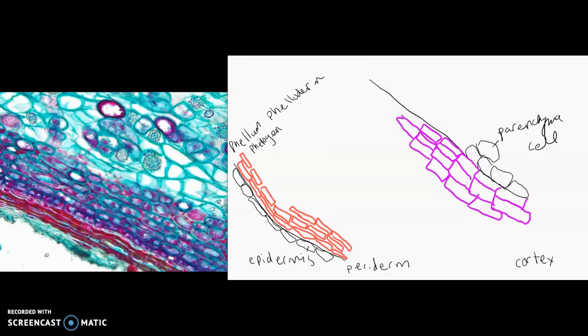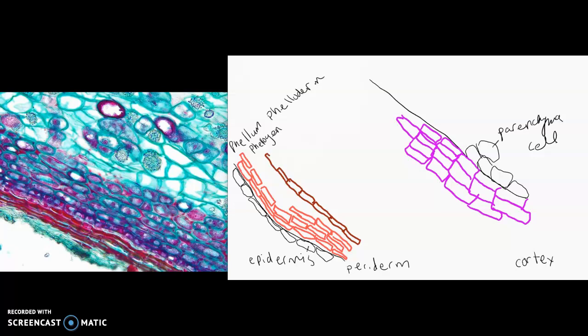And then between the two layers, sometimes it's difficult to spot, but it is often slightly different in color or slightly different sizes. We're going to have another region of cambium, and this is the cork cambium, and here we're using the botanical term phellogen for that layer.